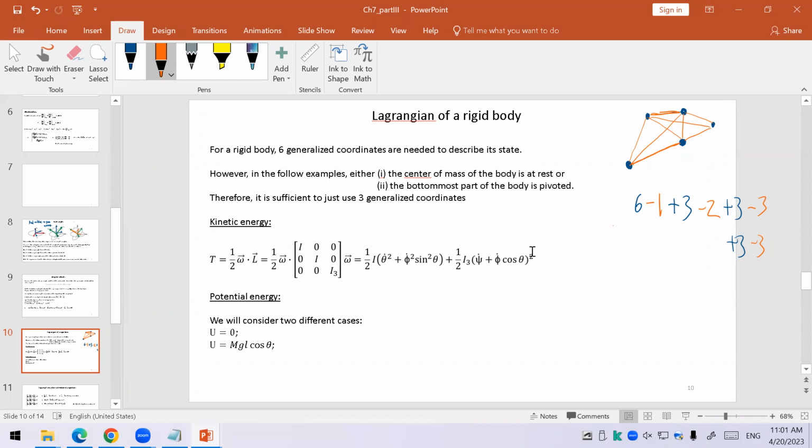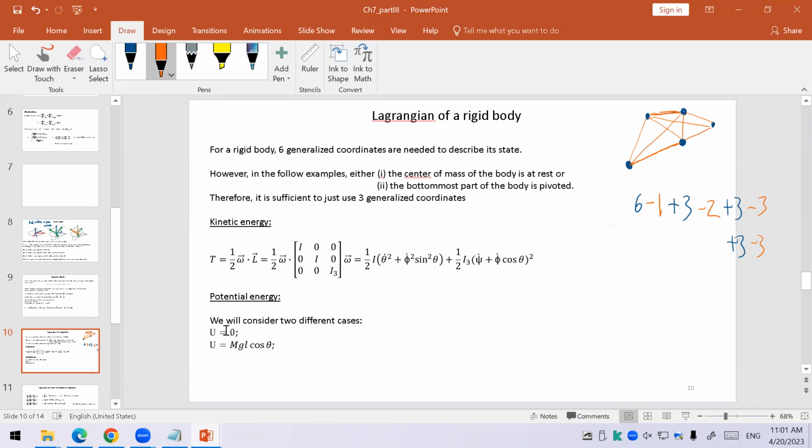So what about the potential energy? Potential energy is actually easy, right? At least for the gravitational potential energy, it's just mg, and it doesn't matter how ugly the shape is. If you calculate the potential energy, you just need to pick your center of mass, see the height, and then multiply by mg.